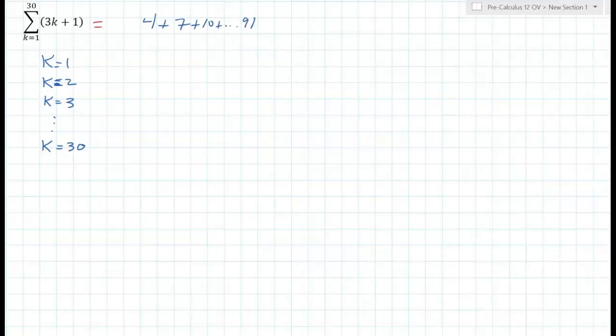Now you just plug in 1 for k. So 3 times 1 plus 1, that's your 4. That's the first term. Simple as that. Now we need to come up with the sum. First of all, what is the n? What is the term number? Remember, 30 minus 1 plus 1, so it turns out to be 30 terms.